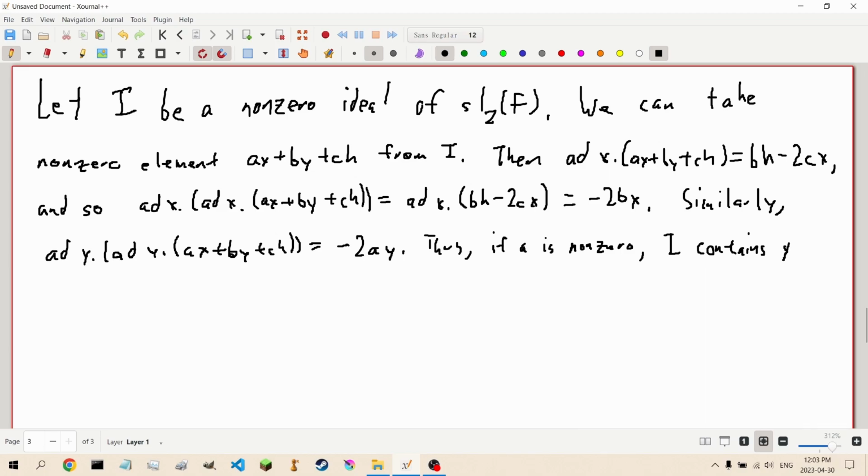And similarly, if b is non-zero, it has to contain x, because an ideal has to be by definition closed under the adjoint representations, because those are the inner derivations. And so because we have this element ax plus by plus ch, we have to have its image under adjoints, and so we have to have y or x respectively in there.